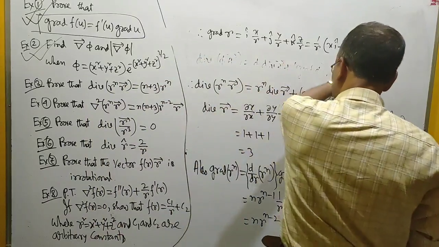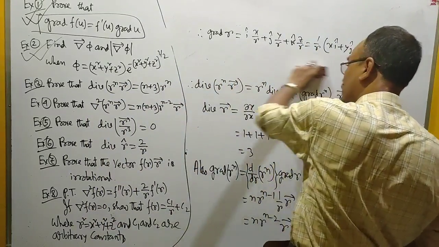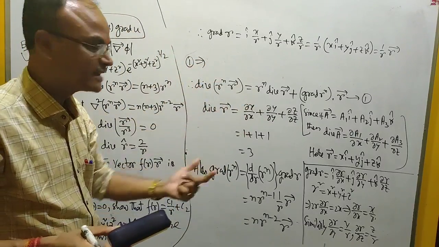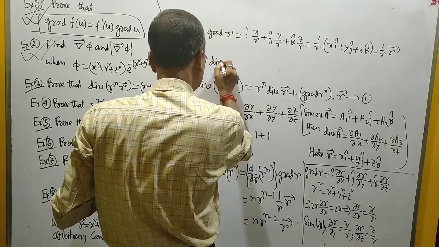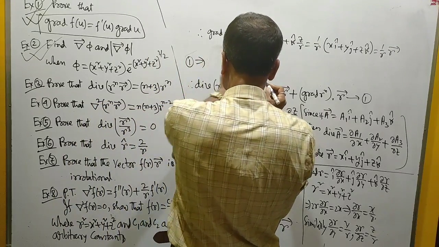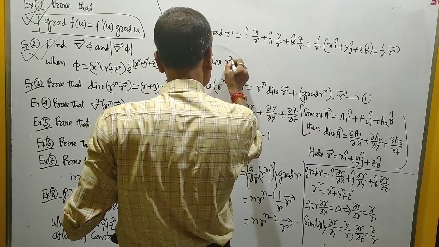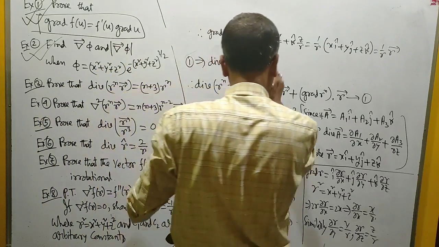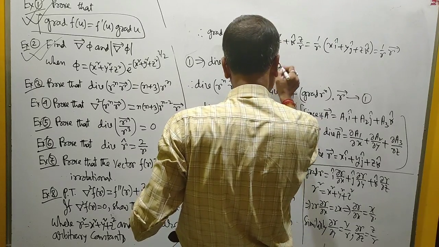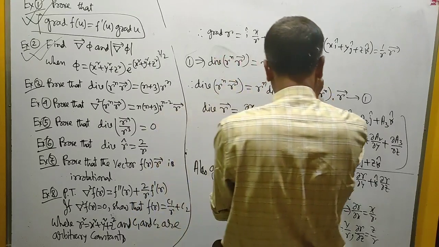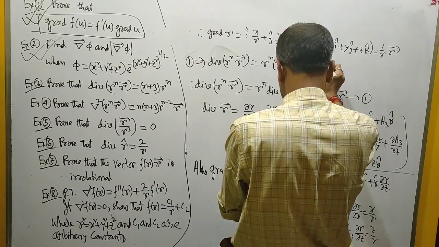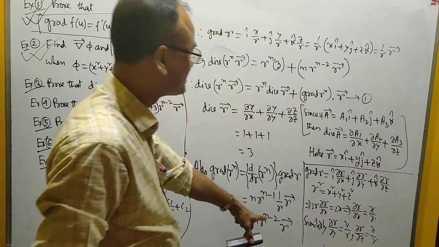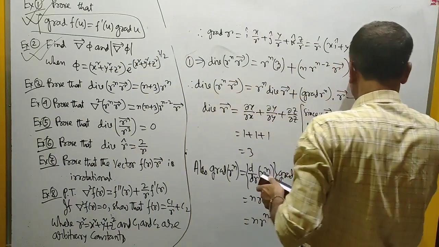Therefore, from 1 we get divergence of r to the power n r vector, which is equal to r to the power n into 3 plus the gradient, n r to the power n minus 2 r vector, dotted with r vector.